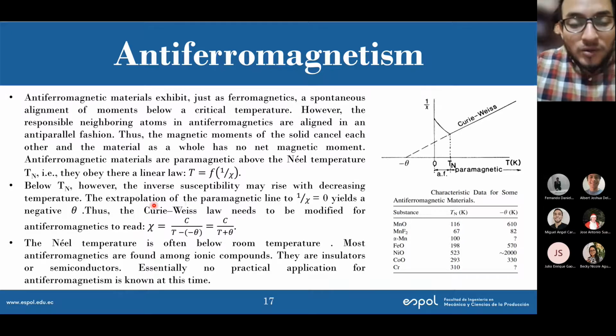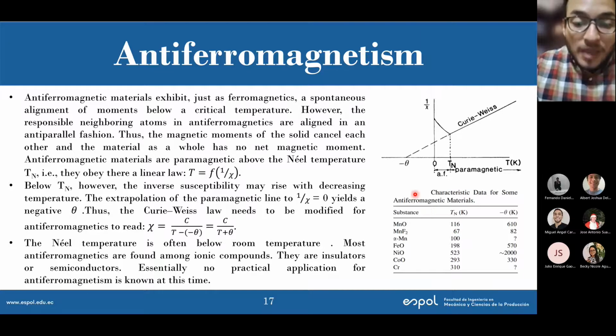The Curie-Weiss law is modified for antiferromagnetic materials. It actually has this adjustment term that is theta, and you also see the values of theta here in this table. The Curie-Weiss law, remember we saw that law. It applies for very few materials, okay?